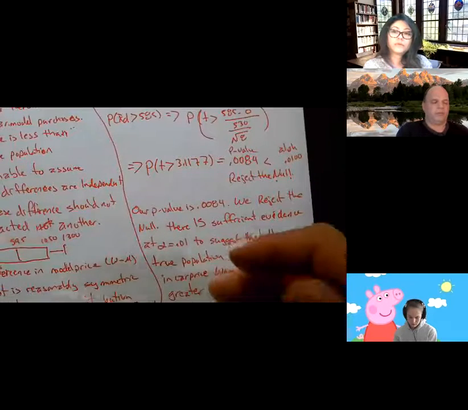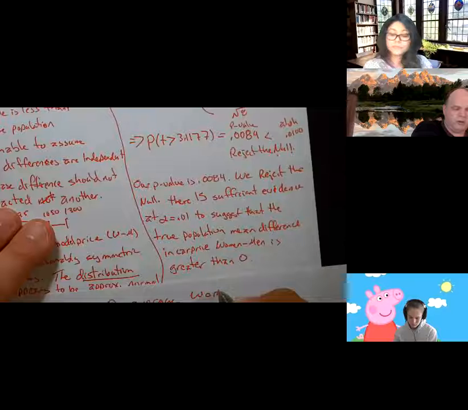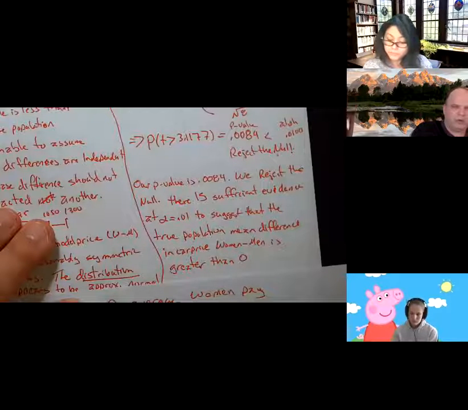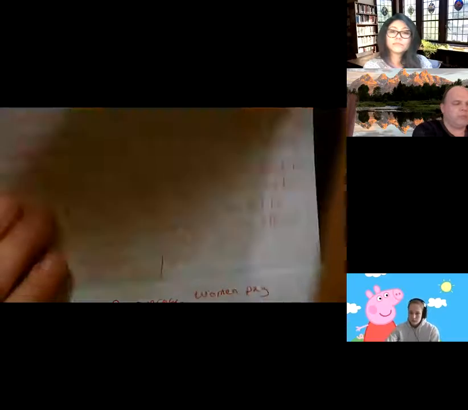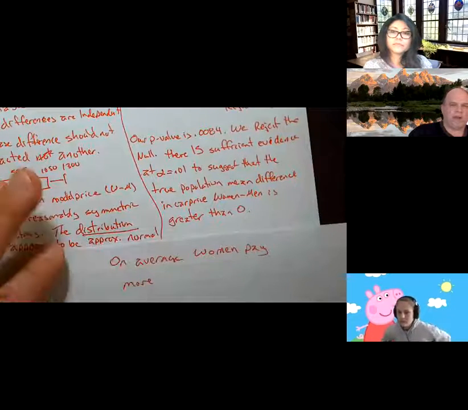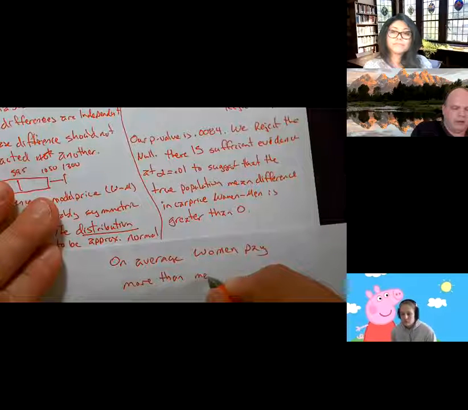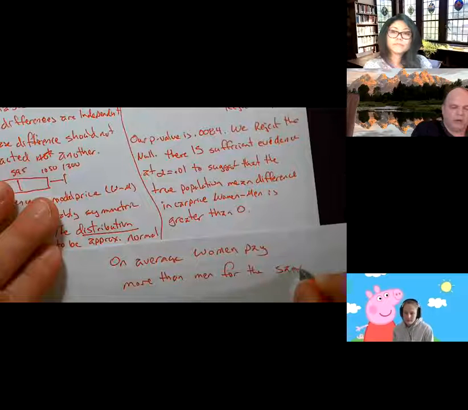Simplified statement: On average, women pay more than men for the same car model.